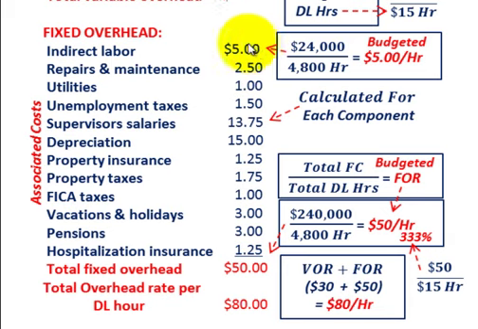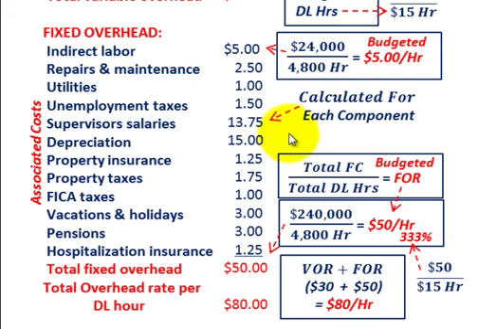So for each direct labor hour that's being accumulated, you're going to have to assign so much fixed overhead. Indirect labor, in this case, is $5 here. So for every direct labor hour, $5 has to be charged into fixed overhead as indirect labor. And if you move down here, you can see depreciation is really high at $15 per hour. For every direct labor hour, $15 is going against depreciation as a fixed amount.